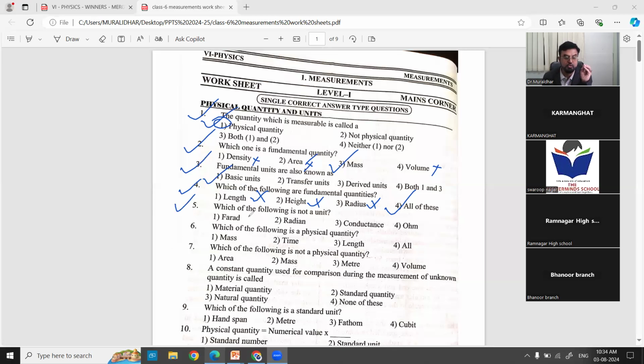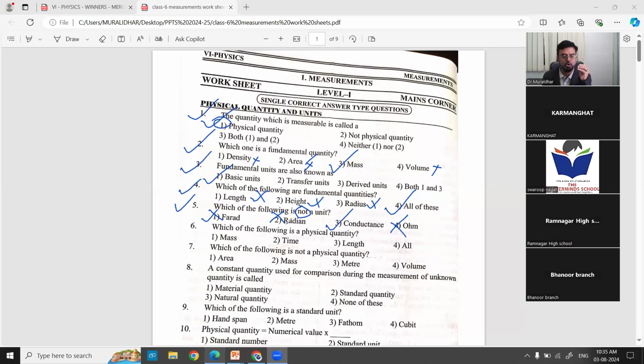Fifth question. Which of the following is not a unit? Farad is a unit, named after the scientist Faraday. Cancel it. Radian is also a unit for angle. Cancel. Ohm is also a unit. Cancel. This is not a unit: conductance is a property, meaning how much current is passing.